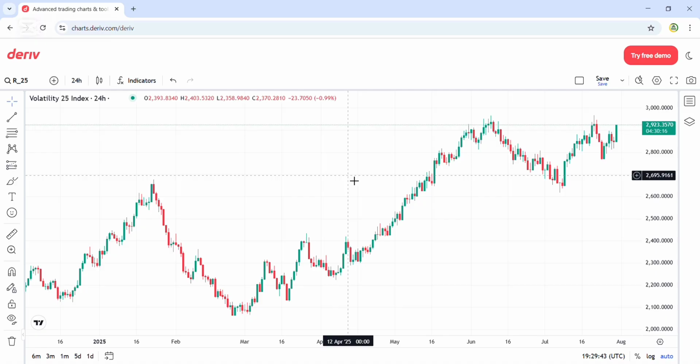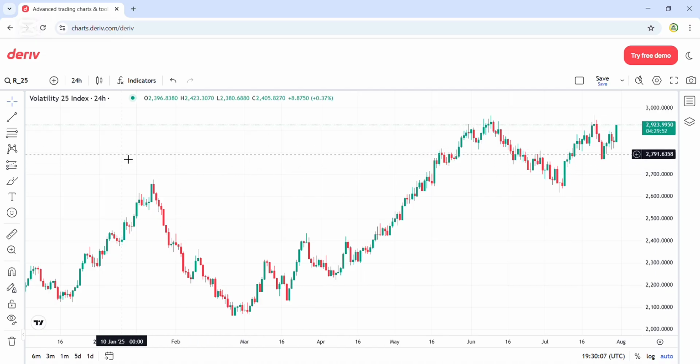Understand that. Now, for you to make an analysis, you are going to work with what we call the volatilities. In a layman's explanation, the volatilities refer to the different markets that you need to analyze from. They are from 10 to 100.